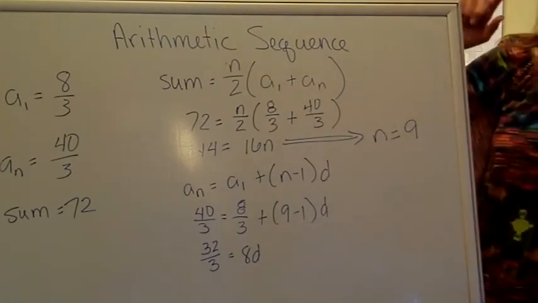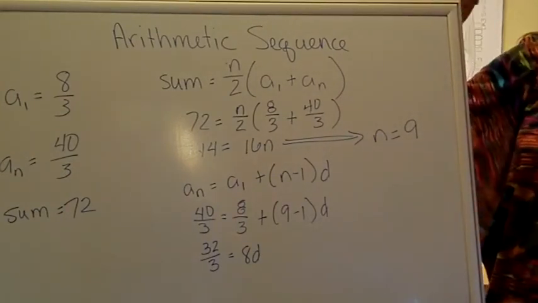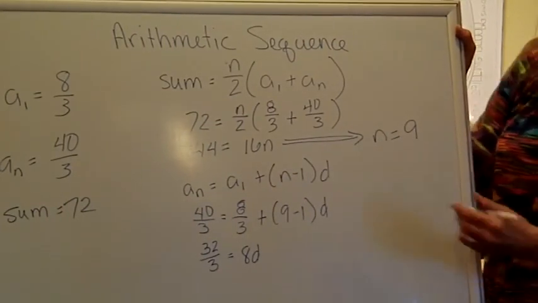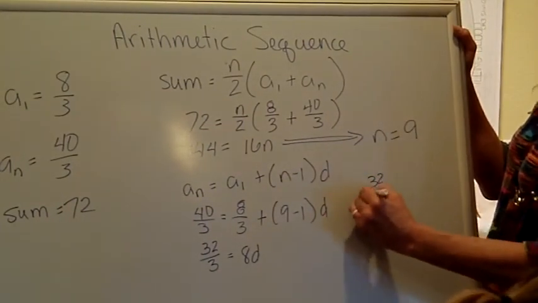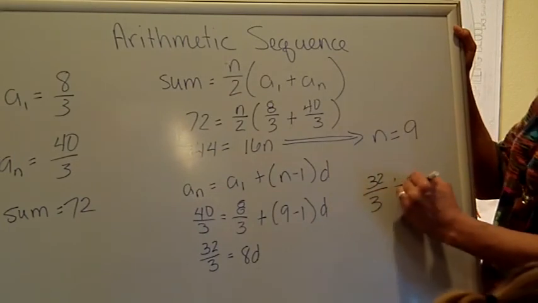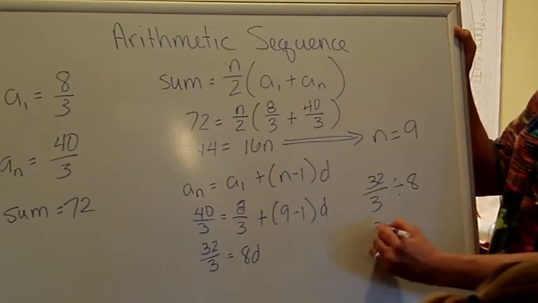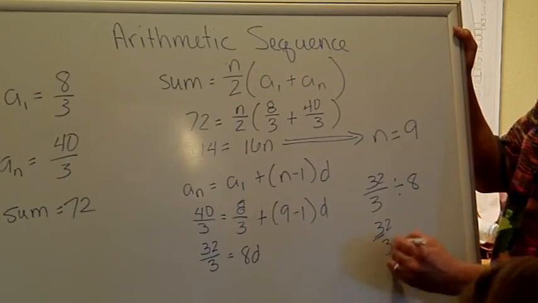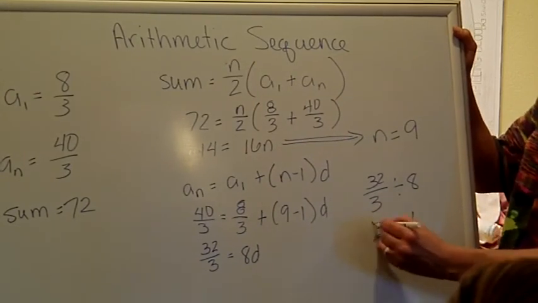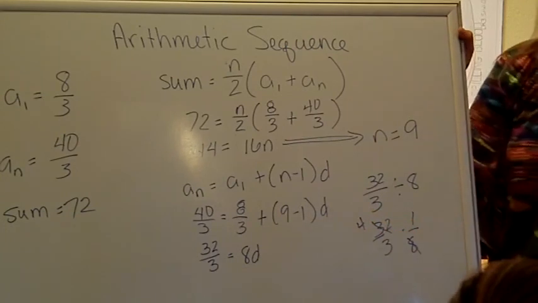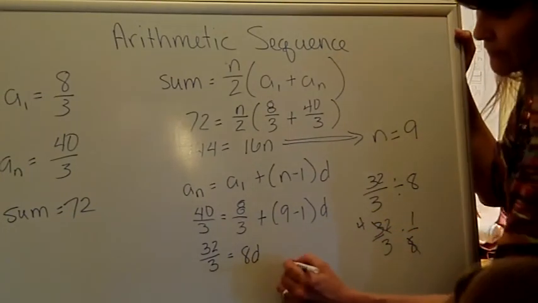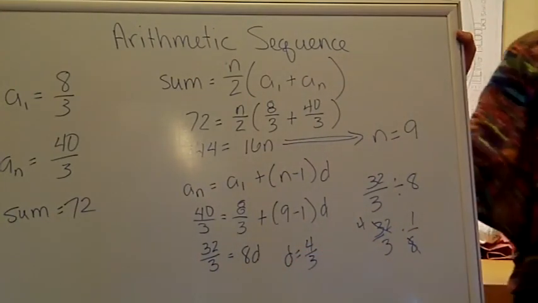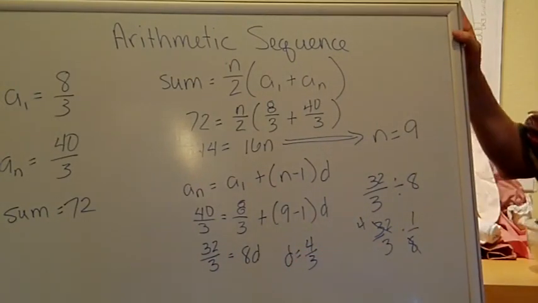Now, if you're not good with numbers, you can plug them into the calculator. You're going to divide both sides by 8. So you're doing 32/3 divided by 8, which is 32/3 times 1/8. Those cross simplify. Your common difference is 4/3. Now that you know your common difference is 4/3, you can find your first 4 terms.